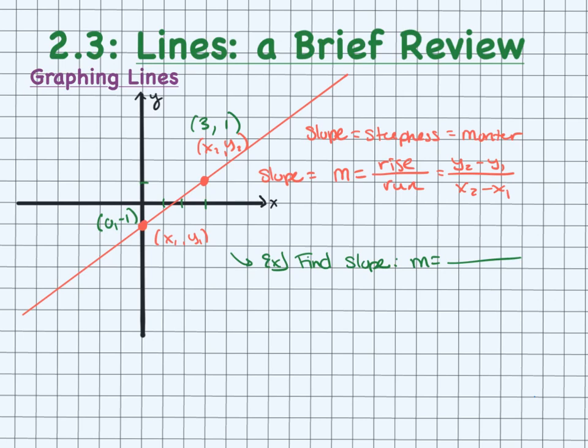So if we're finding the slope between those points, we could call, like we've labeled, x1, y1, 0 and -1, and x2, y2, 3 and 1.